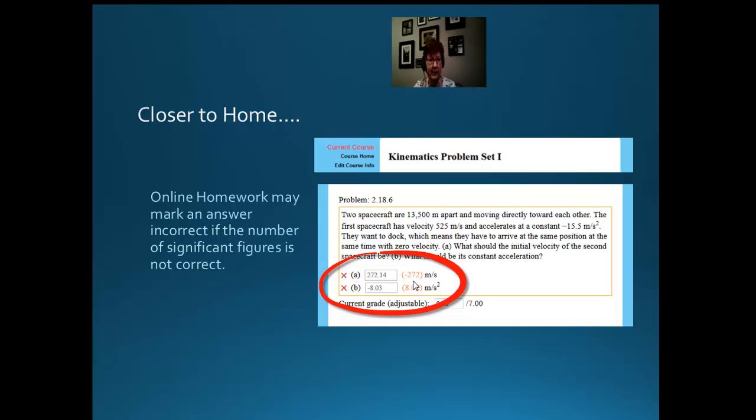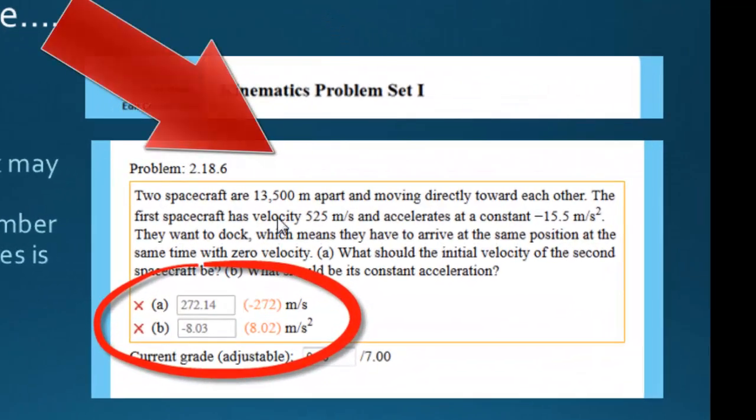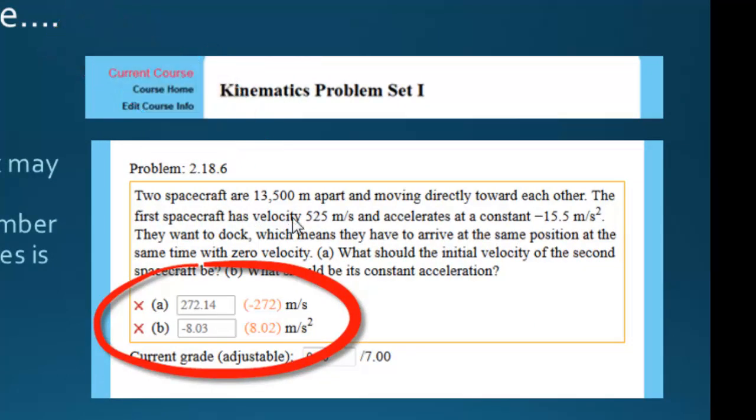And you might ask yourself, well, how do I know how many digits to include? You take it from the data in the problem itself. If I look up at the problem statement, I've got this number, 13,500. The decimal point is absent. How many significant digits are there in that number then? That would be 3. My second piece of data is this negative 15.5.